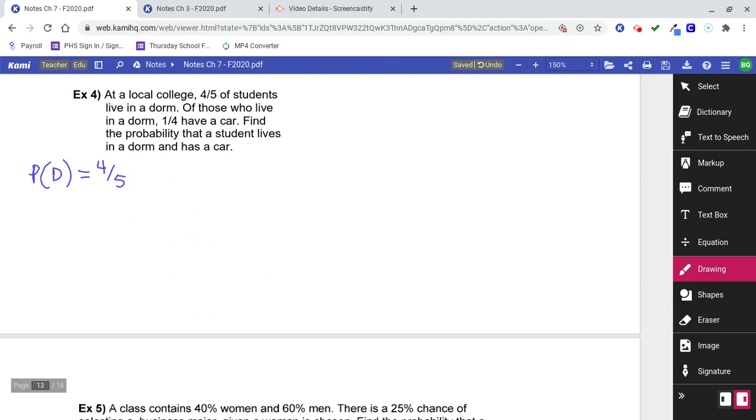That's a conditional state. Probability that they have a car given that they live in a dorm is 1/4. Find the probability that the student lives in a dorm and has a car. Probability of dorm and car equals question mark. So now, this doesn't look like a story problem anymore. This just looks like a regular old use the formula problem.